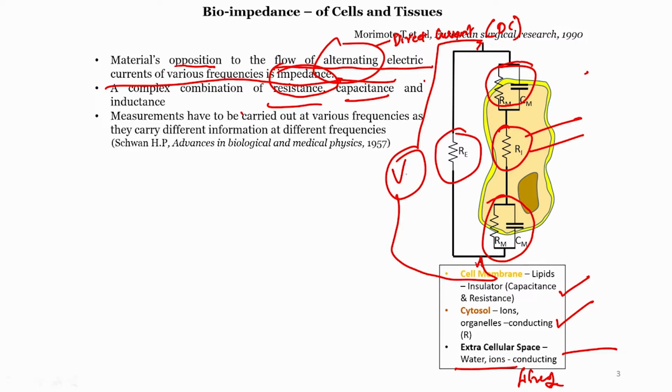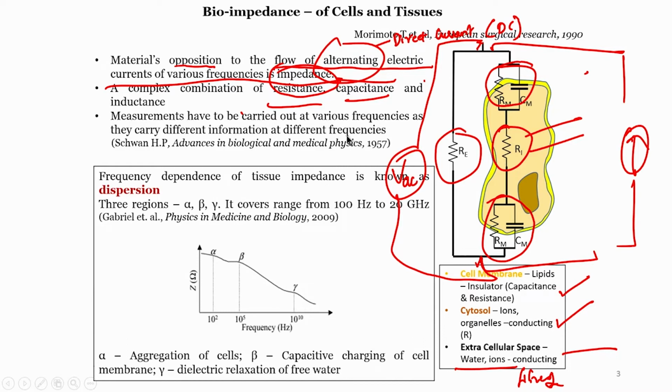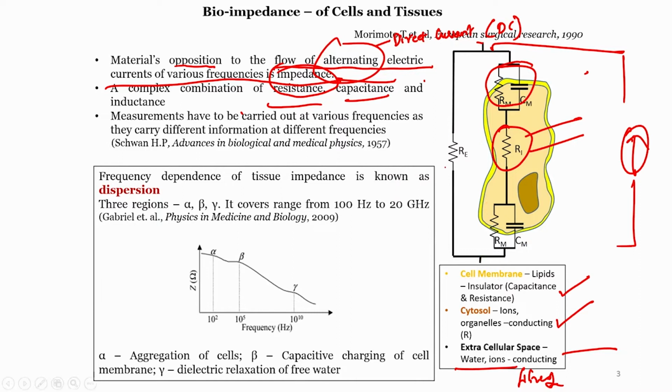If the supply is an AC supply, and we measure the current injected into this circuit, or the current consumed by the cell to drive this voltage, we can get the frequency dependent impedance value. Okay. So that is what we have told here, measurements have to be carried out at various frequencies as they carry different information at different frequencies. This different information at different frequencies is usually called the dispersion of the tissue.